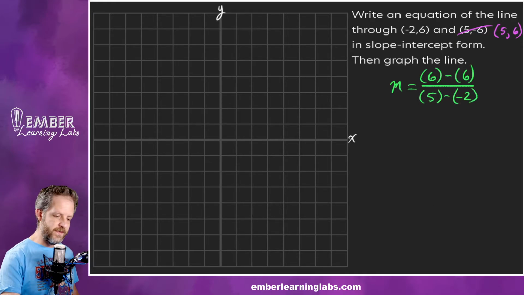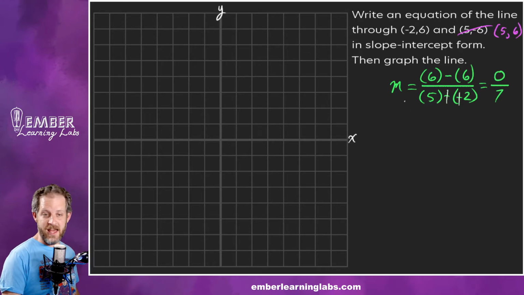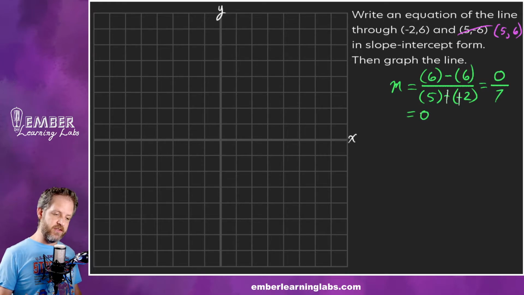So the first thing we'd have to do is change that right there. It's not going to make a lot of difference because 6 minus 6 equals 0. So this turns into 0 over 7, which 0 over anything is still 0, right? So our slope is 0.